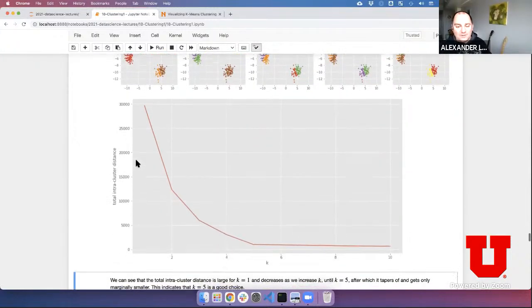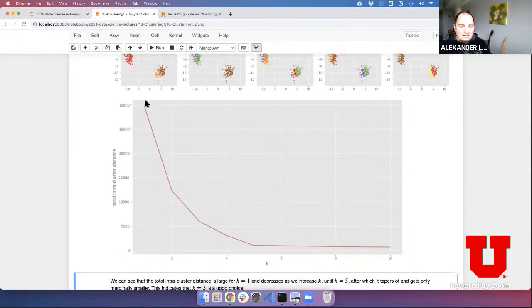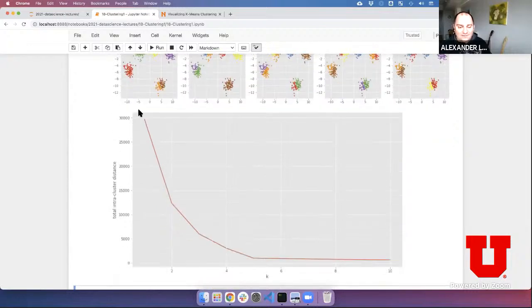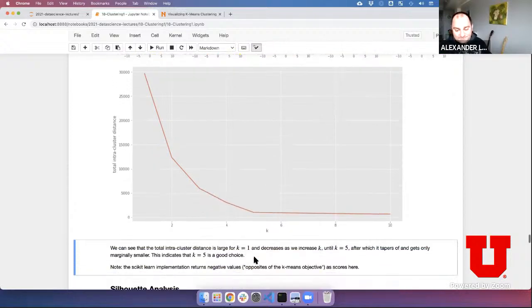And so if you want to pick k in a data set that you can't visualize as easily as this, you would use a method like that and plot the total intra-cluster distance, and then pick a k where the decrease levels off. And that is then usually the right k.